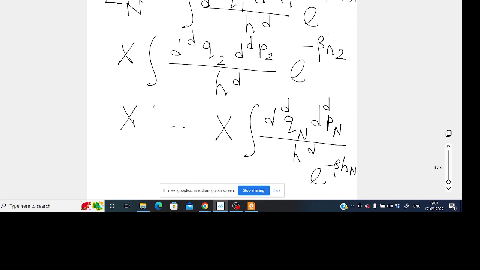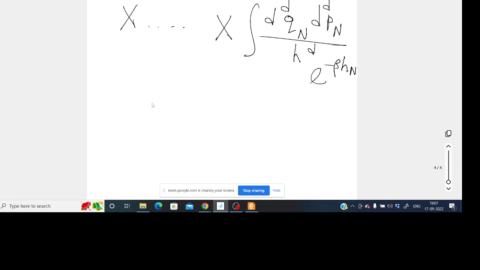The h in the denominator is Planck's constant, not to be confused with h1, h2, which are Hamiltonians. This is actually 2 pi h bar.